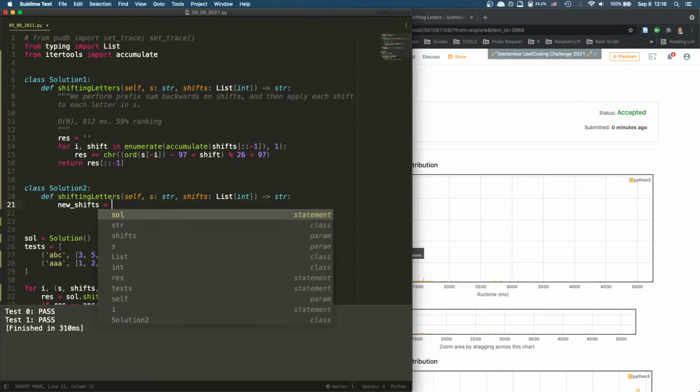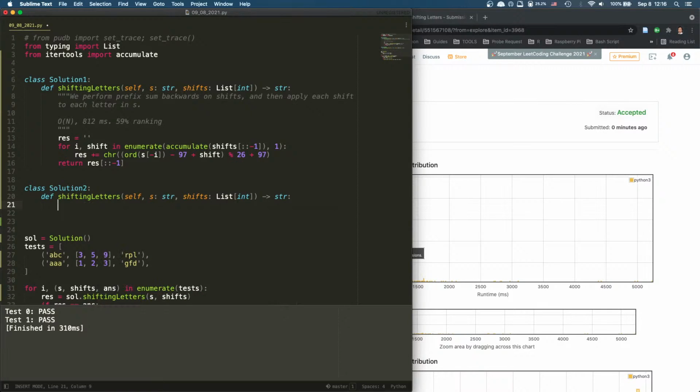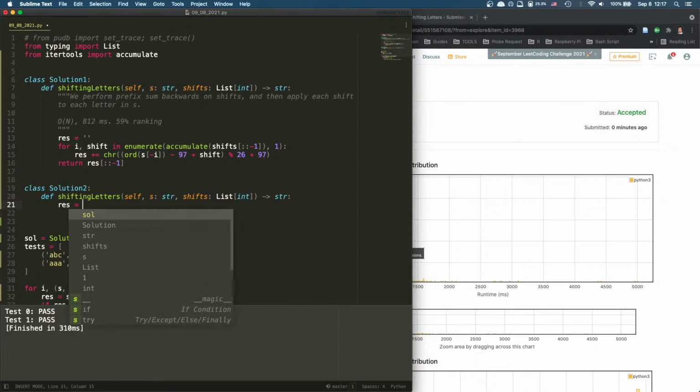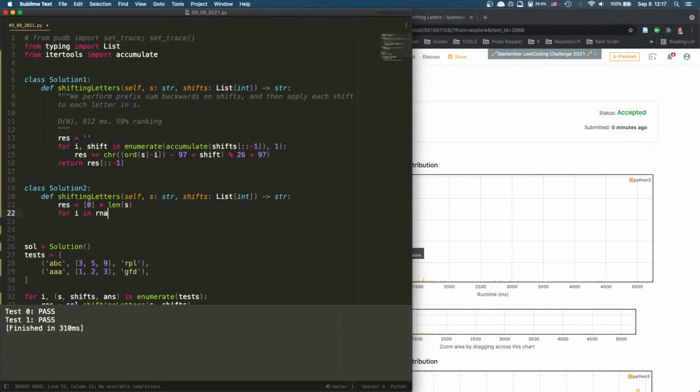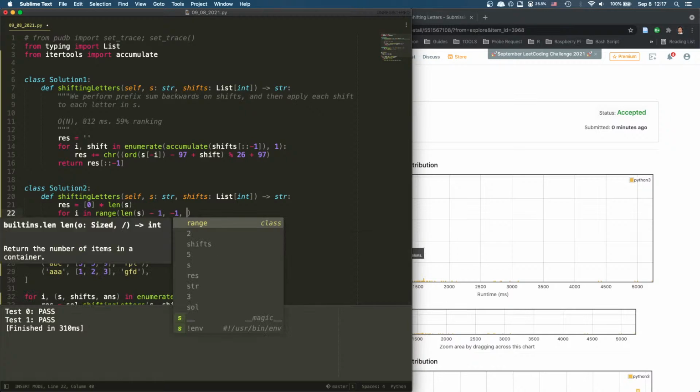No. Let me think. It'll be the previous sum. So we always, let me think, this 0 times len s, right? So let's say for i in range len s minus 1, minus 1, minus 1.